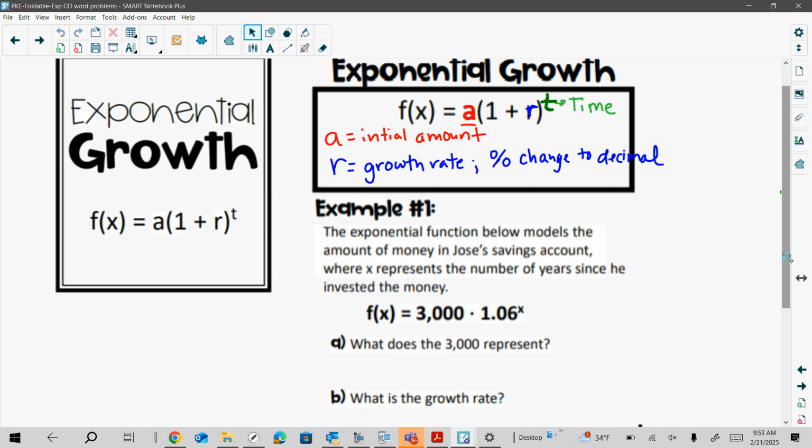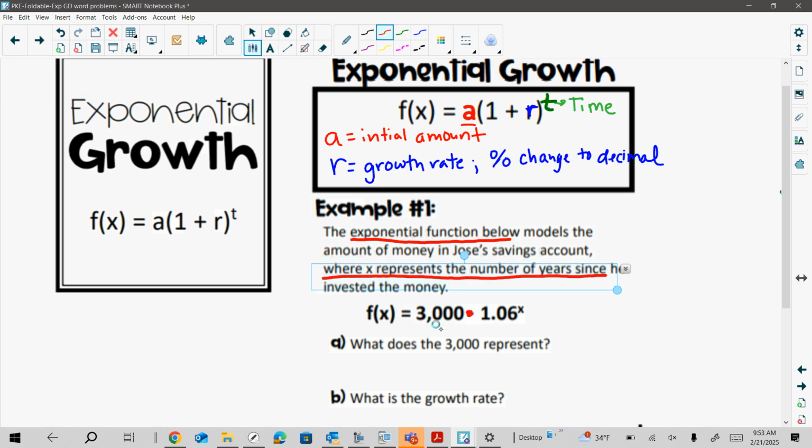So in our first example, they have given us the exponential function below that models the amount of Jose's savings account, where x represents the number of years since he invested the money. So remember, f of x equals 3,000 times, because I see this times right here, this would be my a, then my parentheses, 1 plus r to a power t.